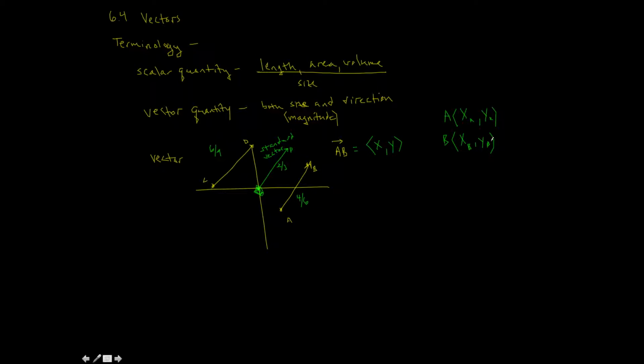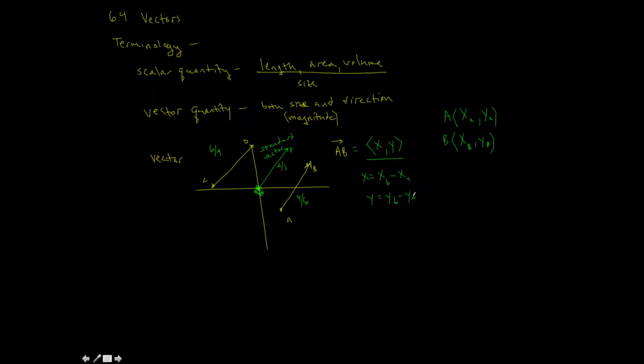If this is the point A and this is the point B, to find this vector form x, y, well, x is going to equal x sub B minus x sub A, and y is going to equal y sub B minus y sub A. Okay, so this is how we would get the coordinates of that vector AB.